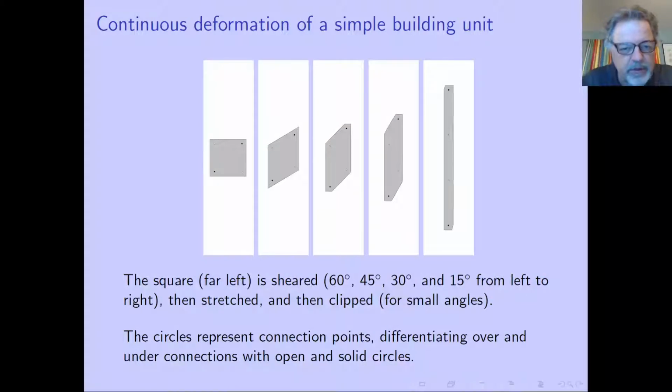This is part of a continuum that starting with some kind of underlying polyhedral form, we can replace the edge with a square. That square can be sheared.